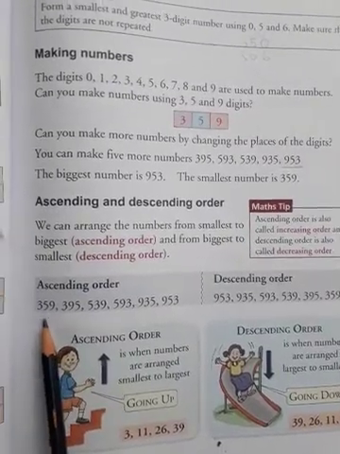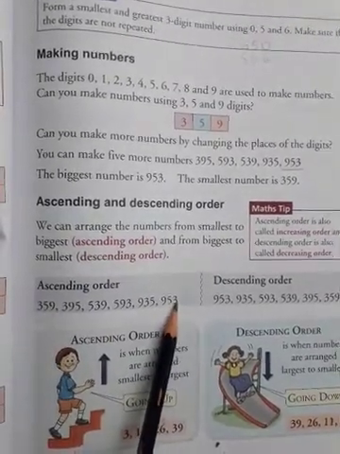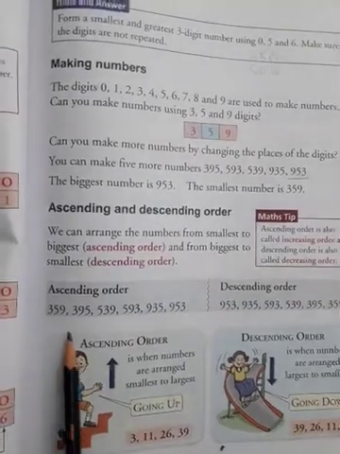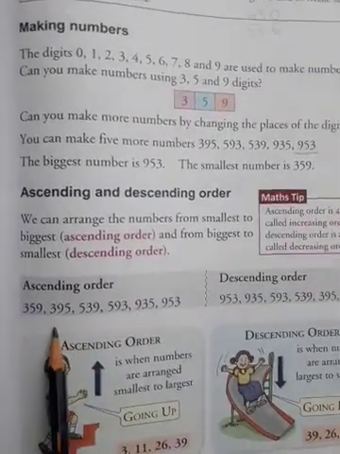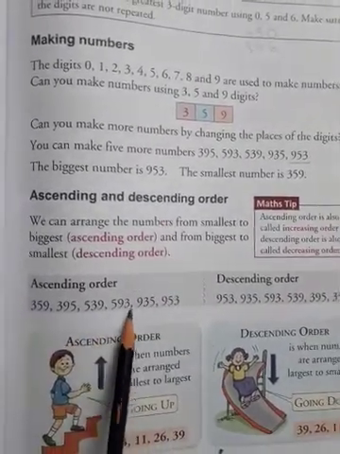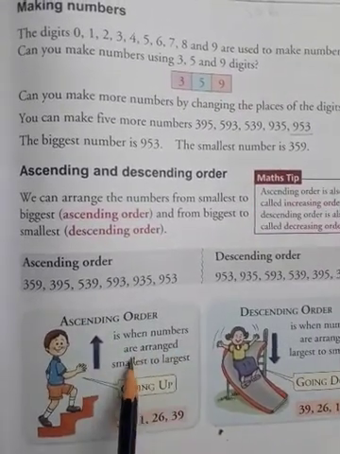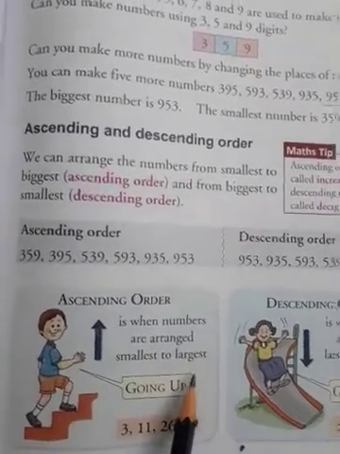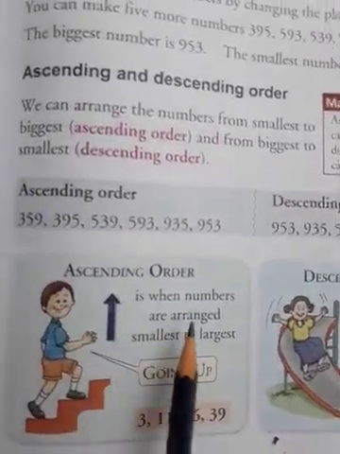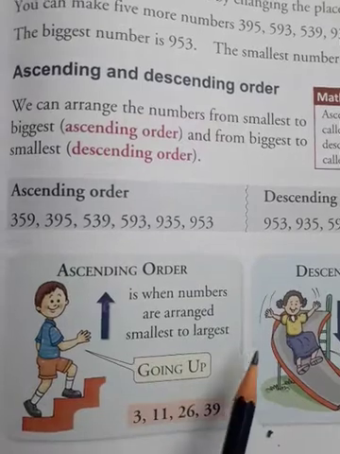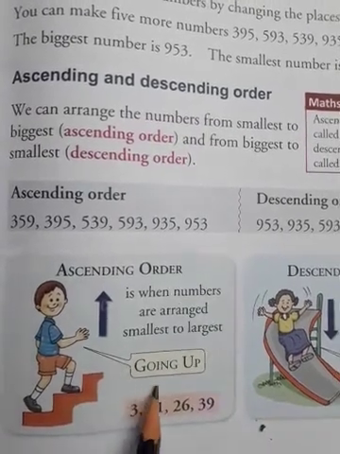So the smallest number is 359 and 953 is the biggest number. This is called ascending order. Ascending order is when numbers are arranged smallest to largest, which means going up.